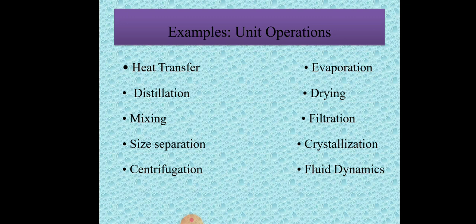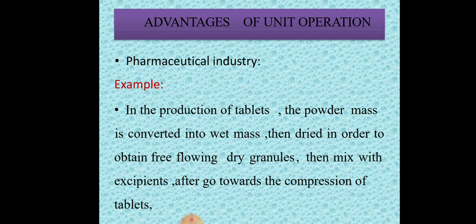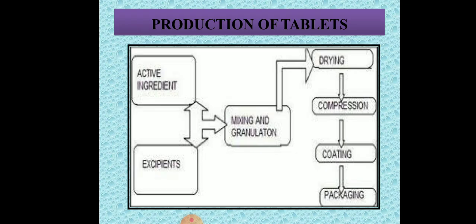That is all the detail about examples of unit operation. Okay, now let's go to the next topic: advantages of unit operation in pharmaceutical engineering. When we prepare tablet dosage forms, we have the raw material. We combine the active pharmaceutical ingredient with the excipients, and we need to perform the unit operation of mixing.